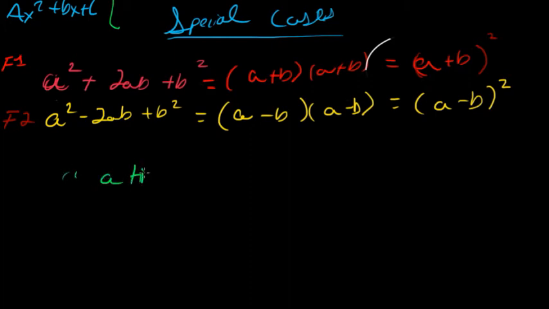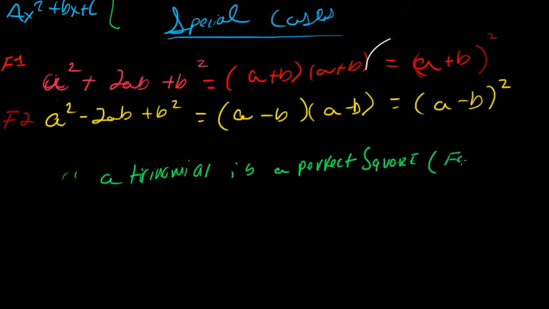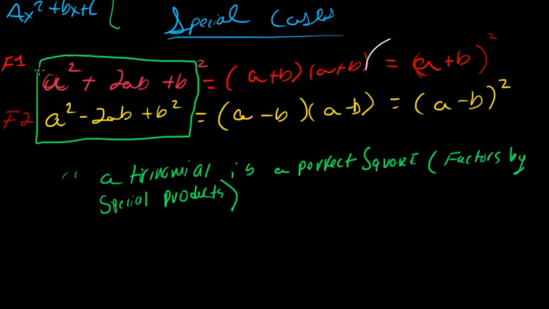A trinomial is a perfect square, or we can say factors by special products, in parentheses, because these formulas here are actually called perfect square trinomials. Okay? Perfect square trinomials.